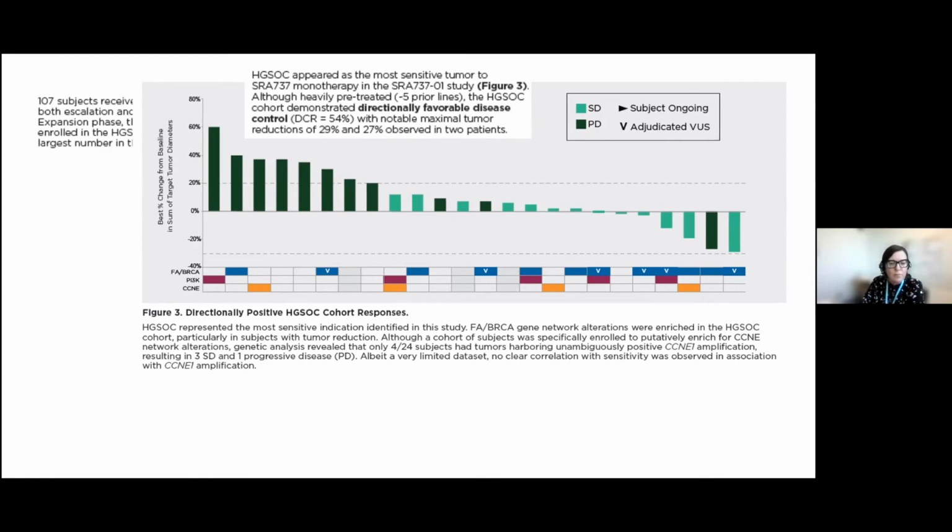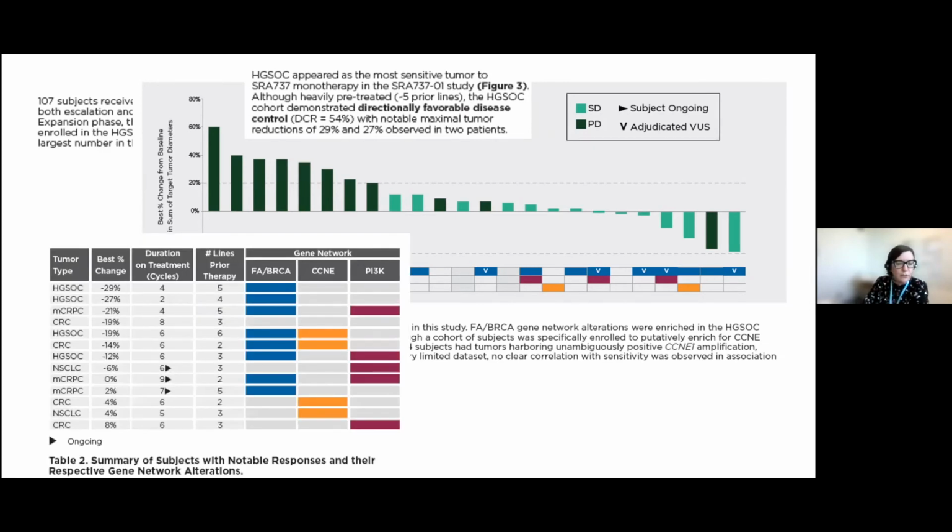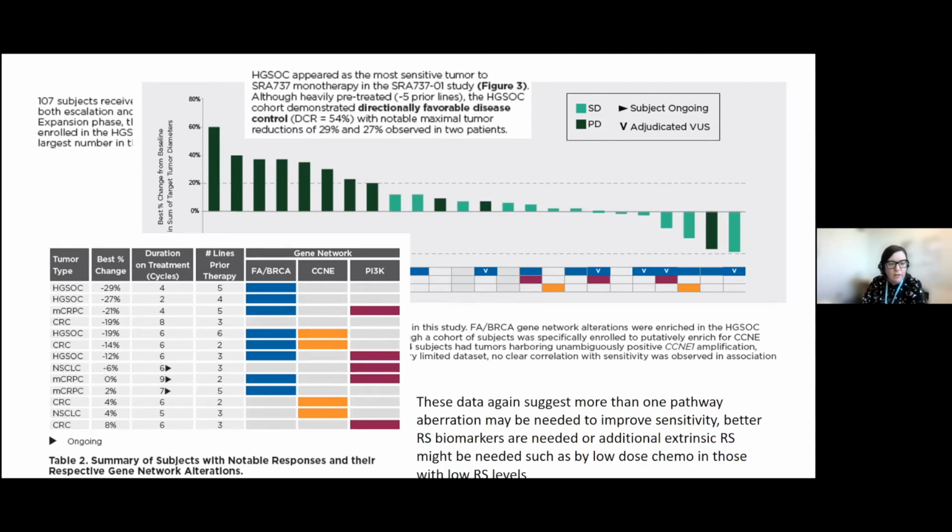Now, if we look at response to monotherapy across all of the tumor types for the best responding patients, we can see that there are 3 pathway abnormalities that are coming out as potential biomarkers of response, and they are the Fanconi anemia BRCA pathway, cyclin E1 amplification, and abnormalities in the PI3 kinase pathway. So these data do suggest that there's probably more than one test that is required to identify patients for CHEK1 inhibitor monotherapy.